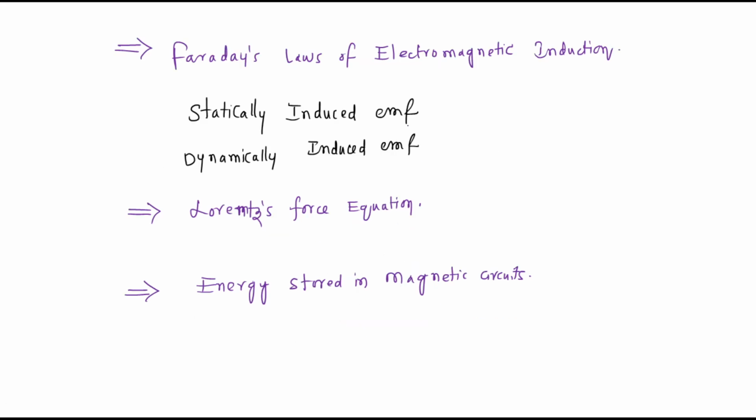And next we have to discuss Faraday's laws of electromagnetic induction, means how the EMF will be induced in any of the machine, whether it is a DC machine or transformer or synchronous machine. Those are nothing but statically induced EMF, dynamically induced EMF. And later we have to discuss Lorentz force equation followed by energy stored in magnetic circuits.